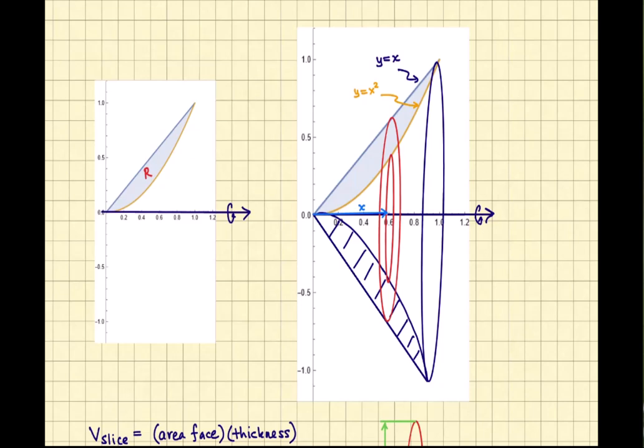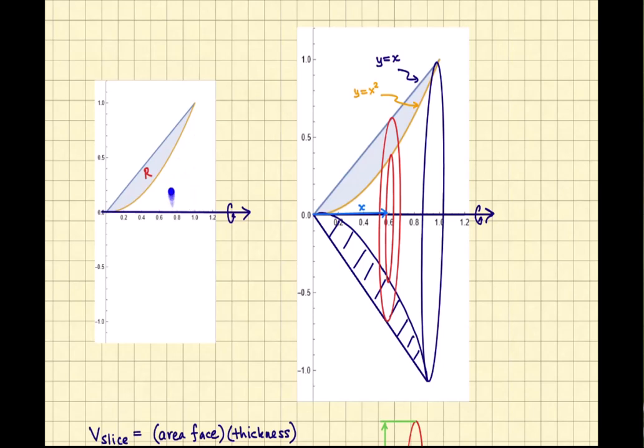And then I have to decide how I'm going to slice this. We could slice this with horizontal slices, but it looks like it has a complicated geometry. Whereas if I slice it with vertical slices, I get to make use of this circular symmetry here, and I get these little, not discs this time, but these punctured discs or washers. The reason we get washers is because our region was not completely adjacent to our axis of revolution.